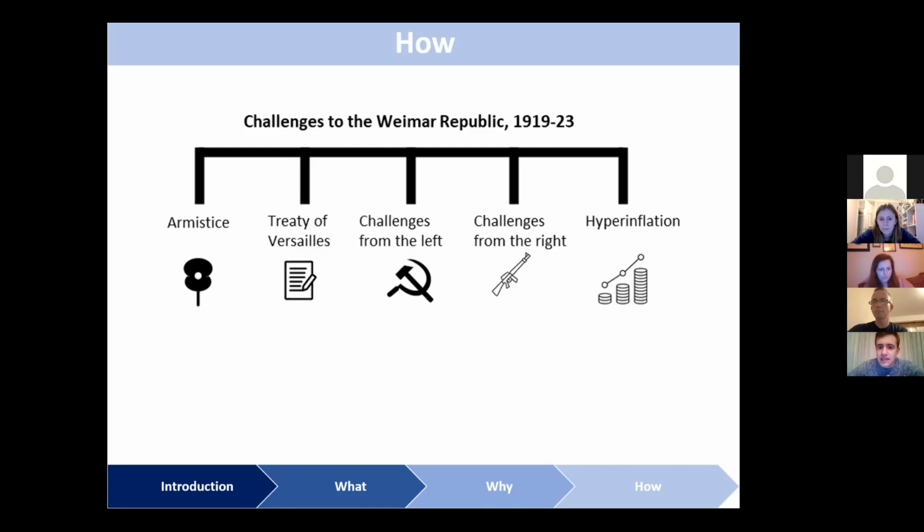There are 5 key challenges which the Weimar Republic faced. You might have one of these in a lesson each, you might have 2 in a lesson, whatever fits your scheme of work and lesson length. But this shows students how all of that knowledge fits together. There's also icons there to help students understand it and help that dual coding aspect for them as well.